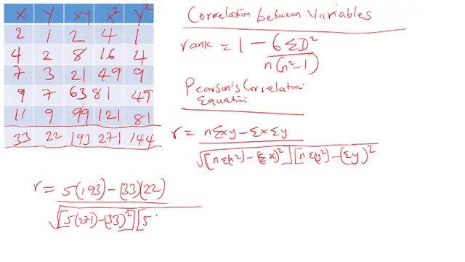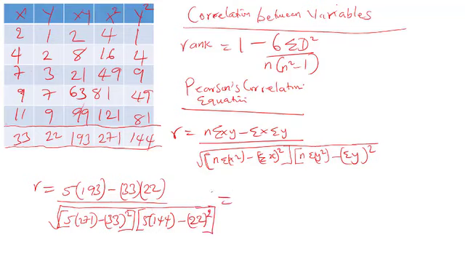Same here is 5, summation of y square is 144, minus 22 all squared. Then you close the bracket.